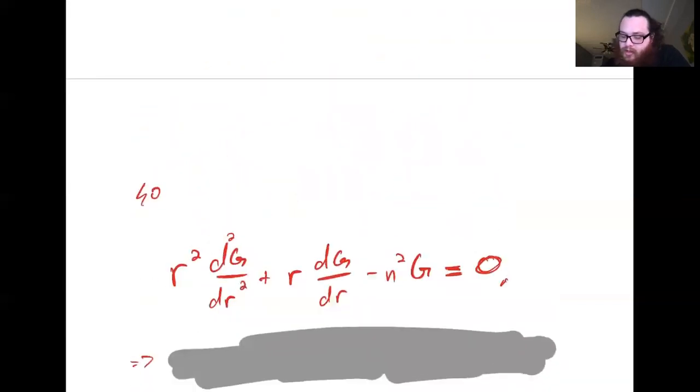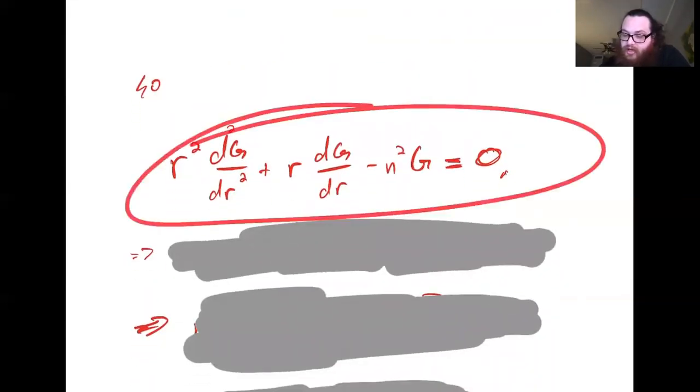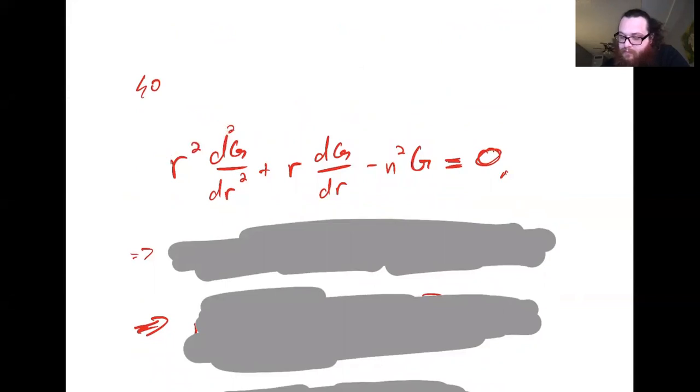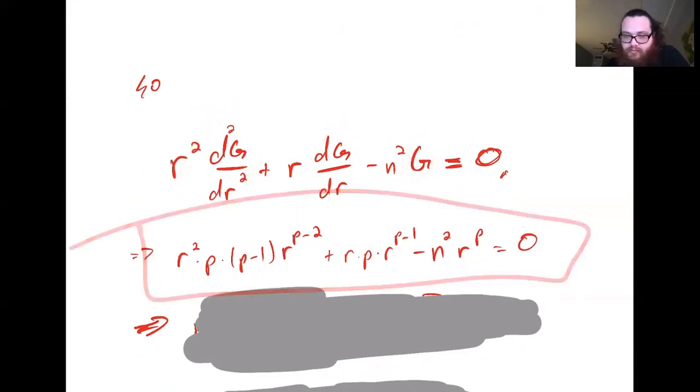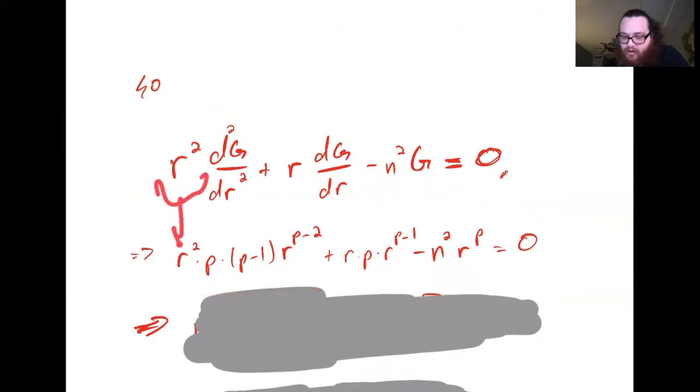So what does that give us? Here's the ODE. Plugging in for what we computed and what we assumed G to be, we get this expression. So this r squared carries down. This dG/dr is exactly that, etc. Multiply this r squared by the r to the p minus 2.